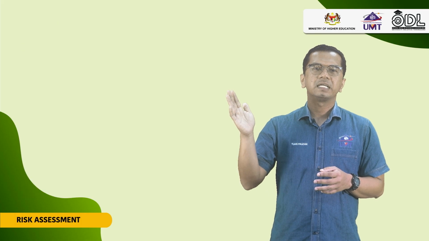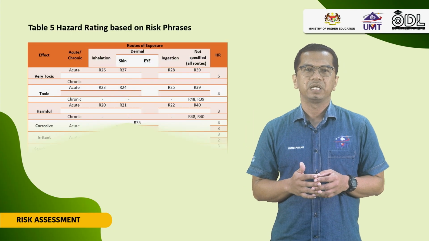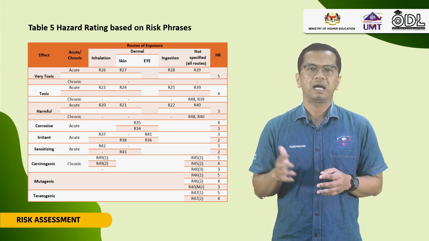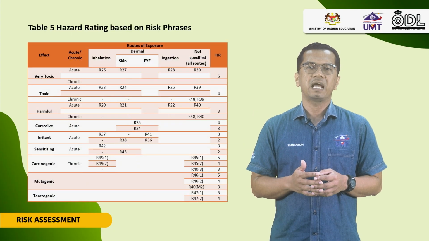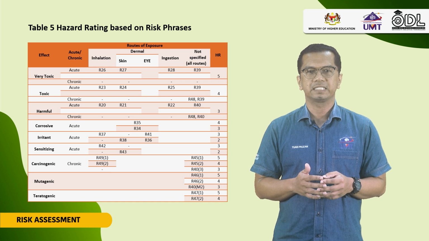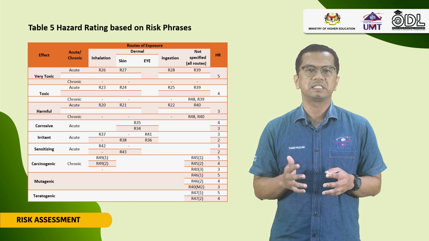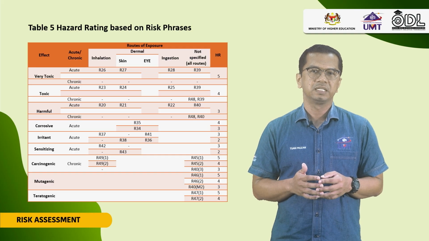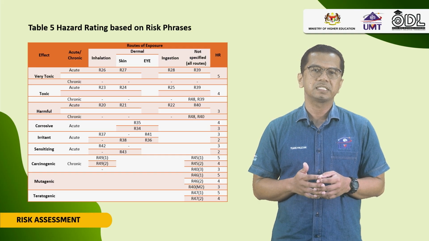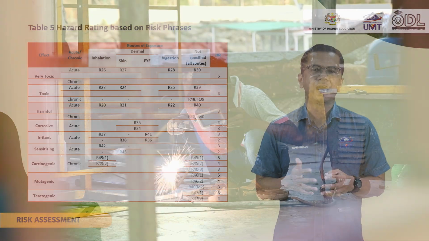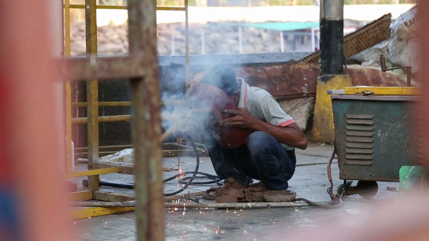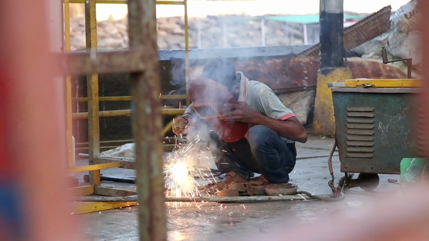Table 5 determines hazard rating using risk factors or R factors, which describe the nature of chemical hazards. Hazard ratings are assigned based on the severity and routes of exposure, such as inhalation, dermal contact, eye exposure, injection, or unspecified pathways.